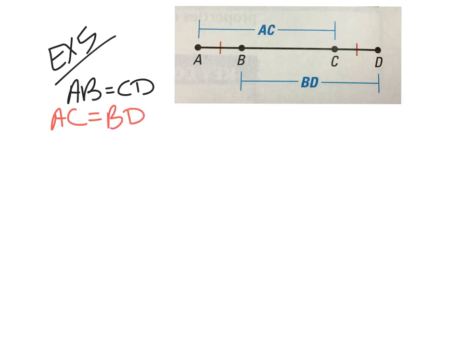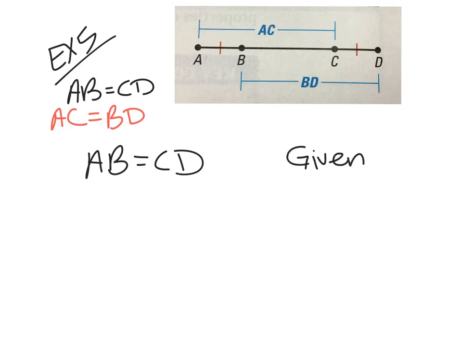So, first things first, we're going to write AB equals CD, and what is the reason for that? Given. Very good. Almost always your very first step is the given.